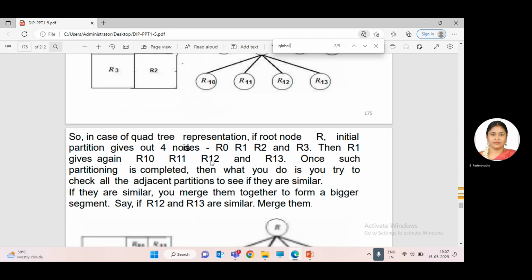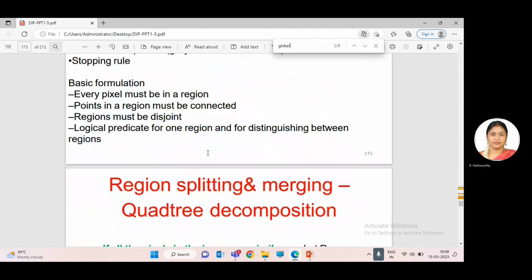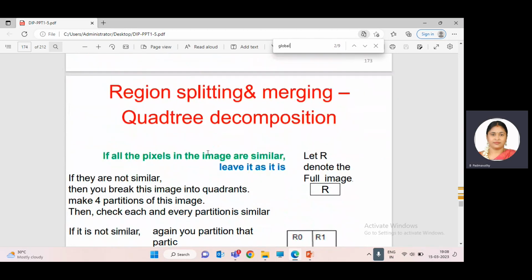So here ends the topic of splitting and merging. And we have seen the quadtree decomposition also. Here pixels play an important role in an image: those which are similar, we leave as they are, and those which are not similar are split or merged.